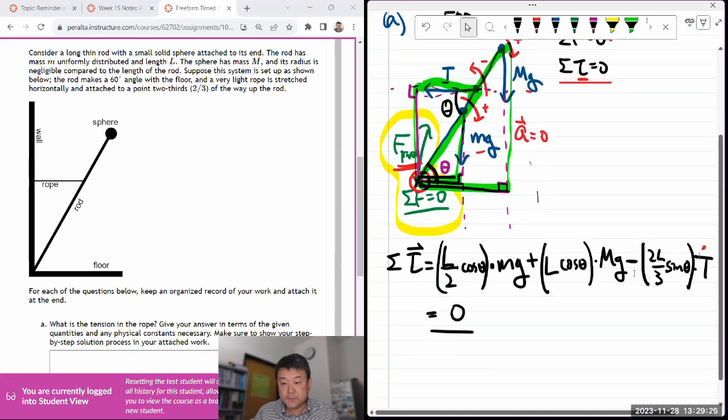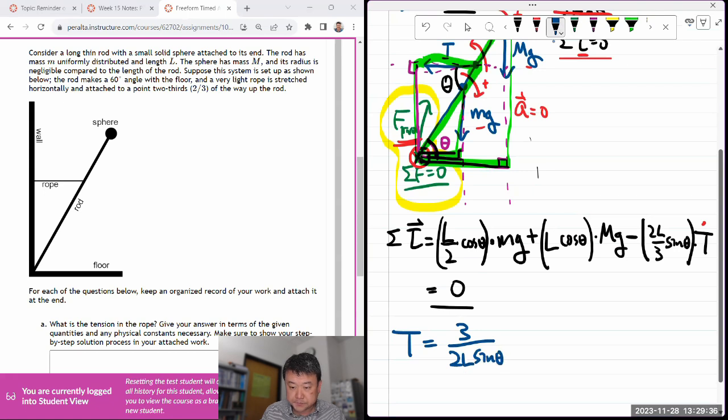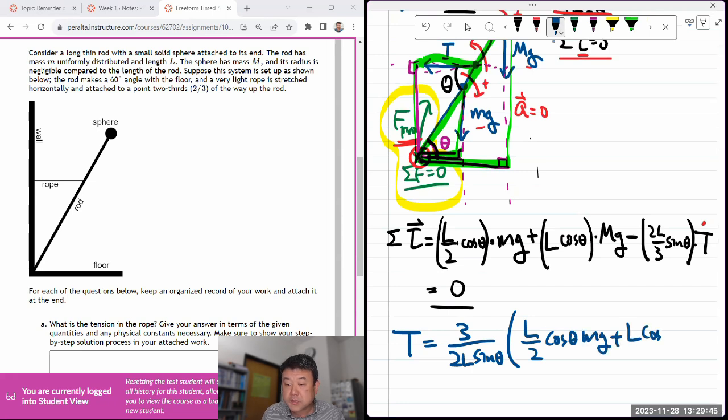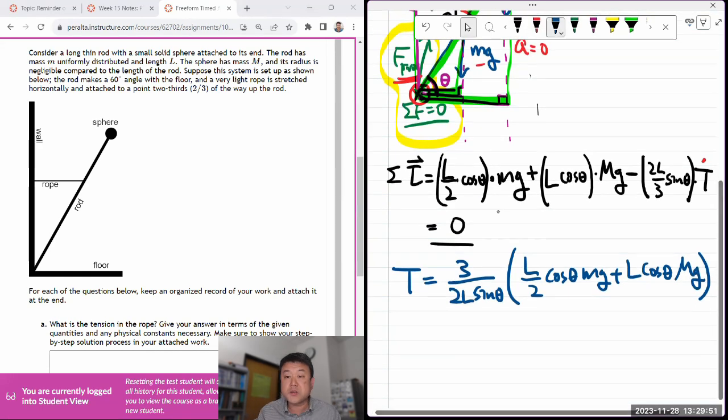After I've done that, what you should get is T equal to 3 over 2L sine theta times L over 2 cosine theta mg plus L cosine theta big Mg. Let me do a little bit of factoring, a little bit of simplification.